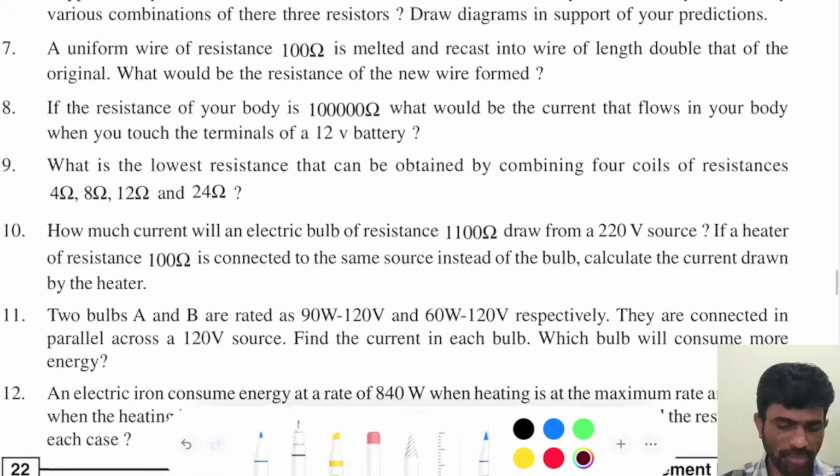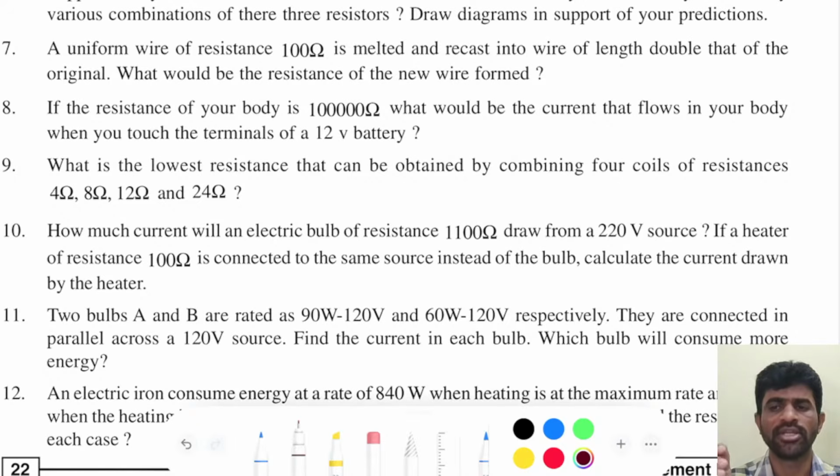If the resistance of your body is 1 lakh ohm, what would be the current flow in your body when you touch the terminals of a 12-volt battery? Current is equal to V by R. So 12 by 10 to the power of 5.